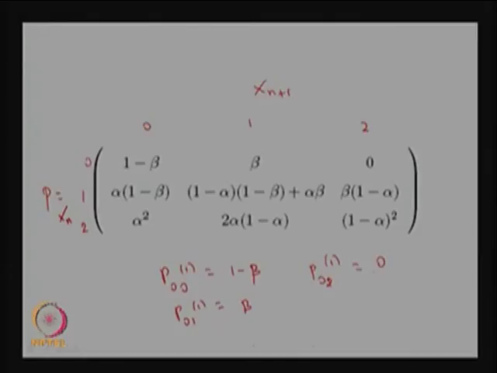And similarly, now we can visualize what is the probability that the number of working machines is 1 in the nth step, and 0 machines will be working in the n plus 1th step. That is possible with two independent things.